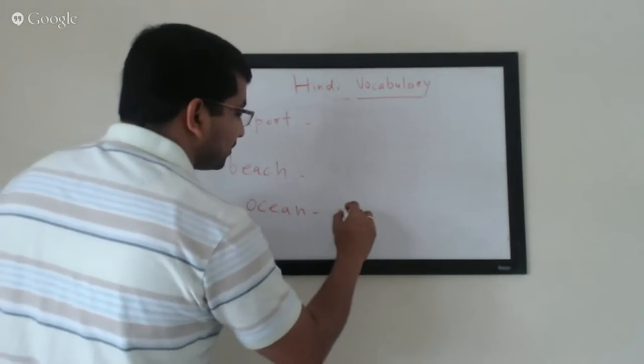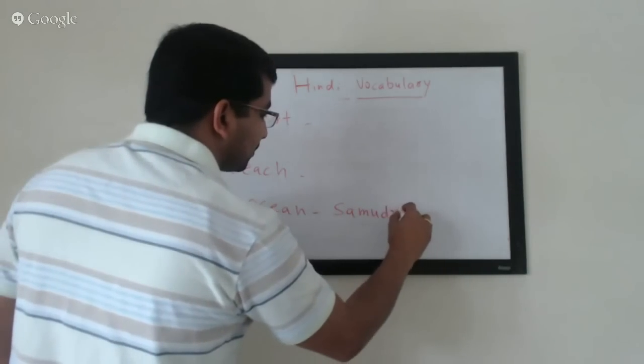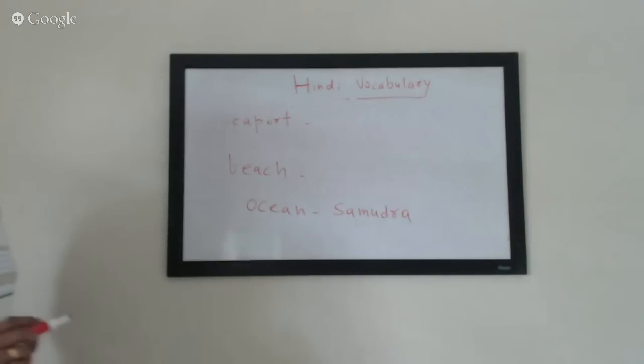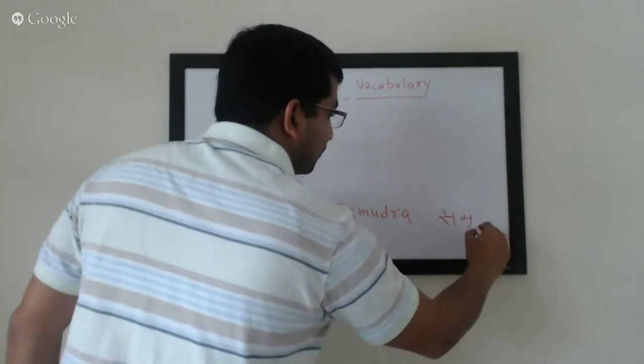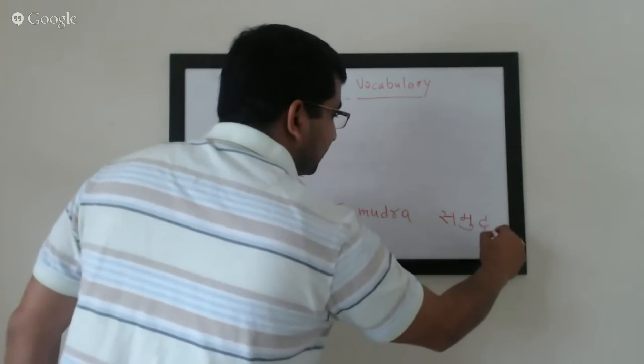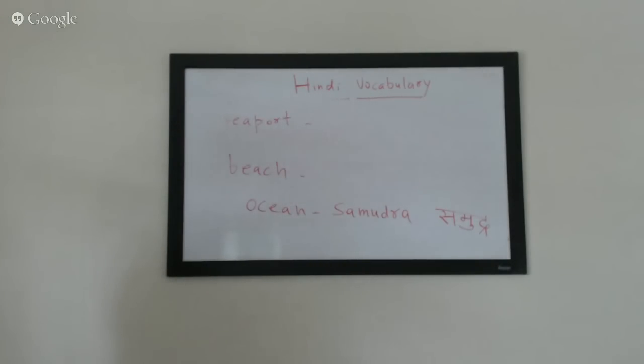Ocean is samudra. The way you write it is sa, mu, dra. Samudra is nothing but ocean.